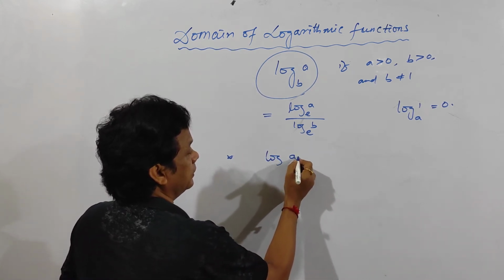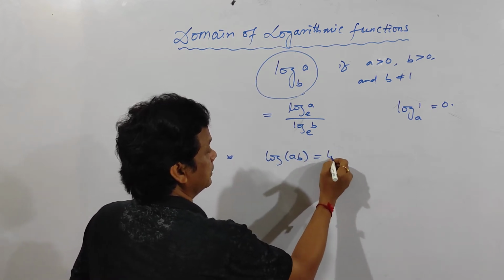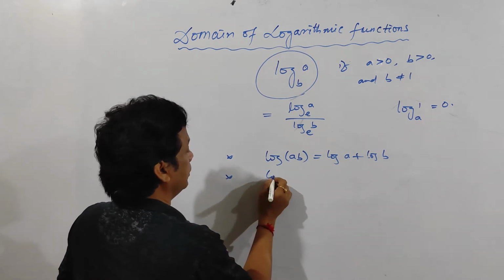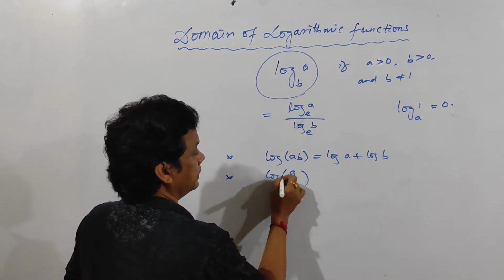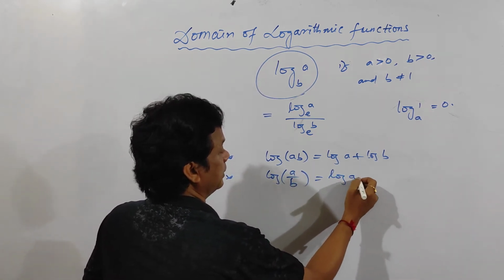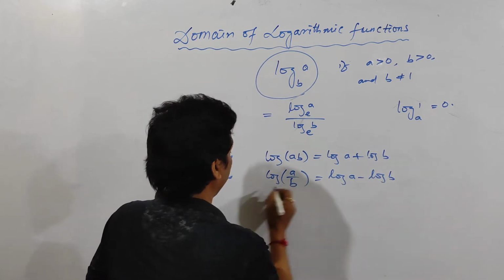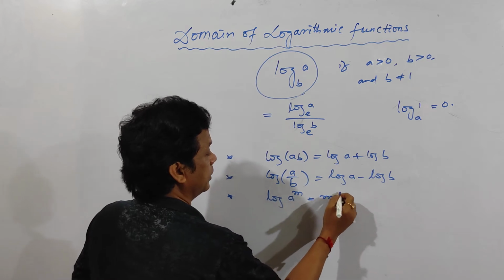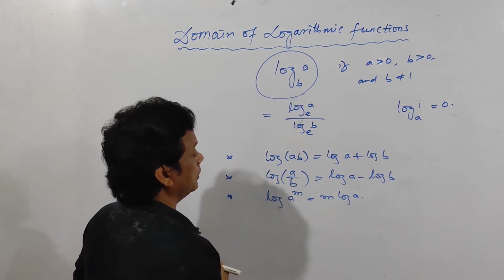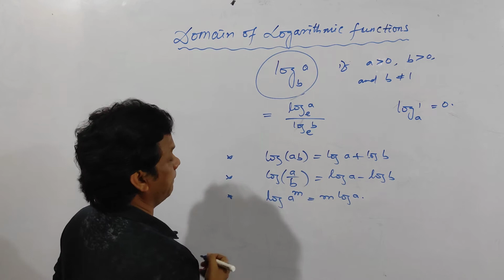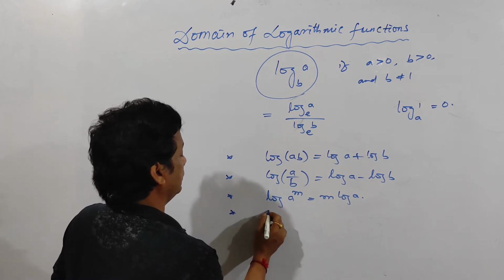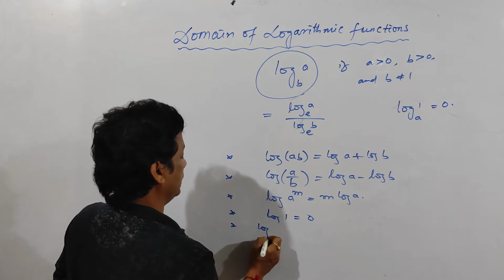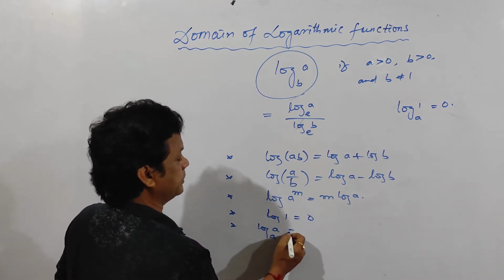Log ab is log a plus log b, and log a by b is log a minus log b, and log a to the power n is n log a, and log 1 is 0, and log a to the base a is the same.